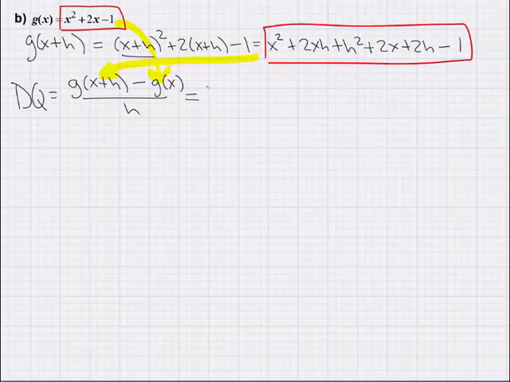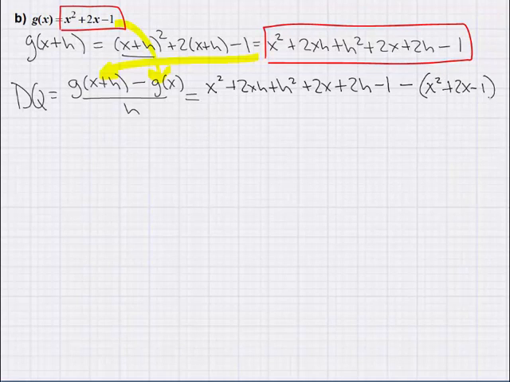And I'm going to get x squared plus 2xh plus h squared plus 2x plus 2h minus 1 minus g of x, which is x squared plus 2x minus 1, all over h.